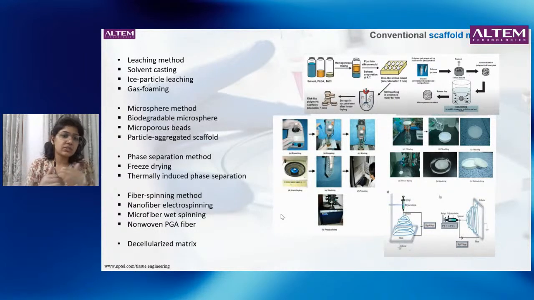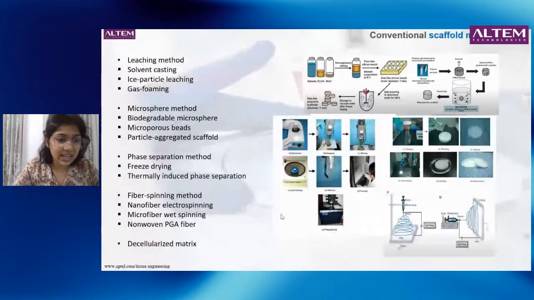Then you have microsphere methods where you have bead formations, particle aggregations, phase separation where you have freeze drying of material using thermally induced phase separation. Then you have some widely used methods like fiber spinning, that is electrospinning, nanofiber electrospinning, microfiber wet spinning. Then you have decellularized matrix.